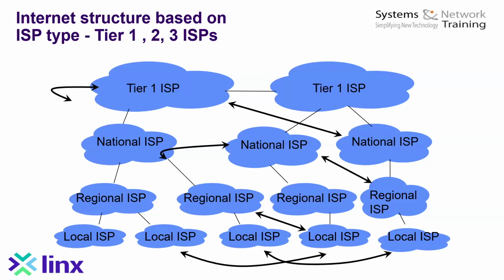Tier 2 ISPs are service providers that use a combination of paid transit and peering. So this might be a tier 2, for example, here. It could be a continental or national service provider, and they would pay transit to a tier 1 provider.